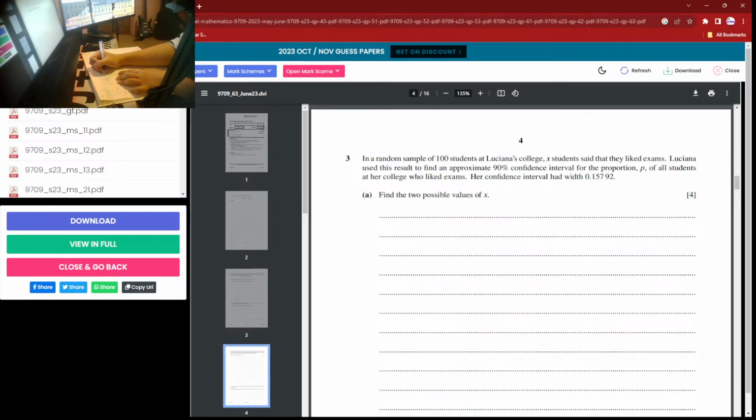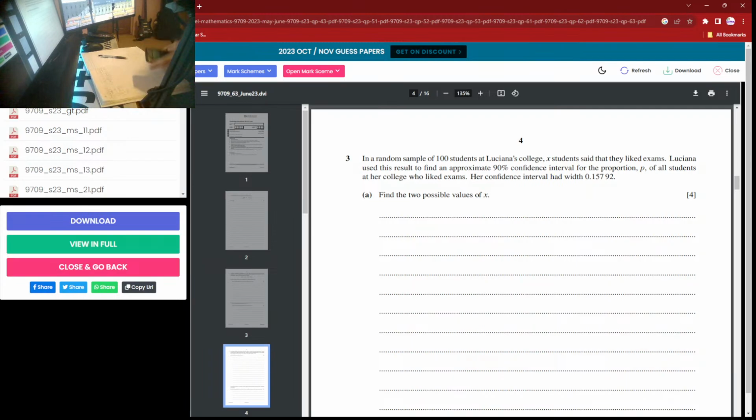A random sample of 100 students, x students said they like exams. So you have x over 100 times 1 minus x over 100, pq over 100, root of everything, is equal to 0.15792.